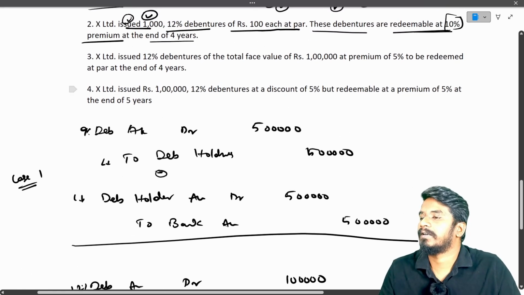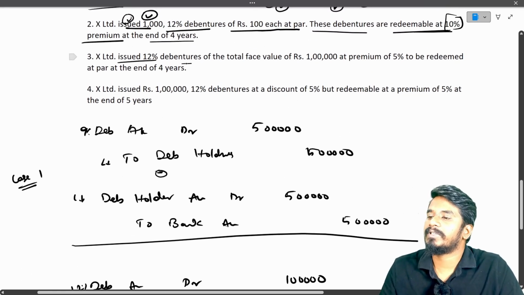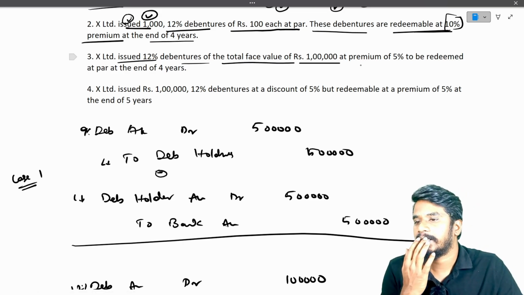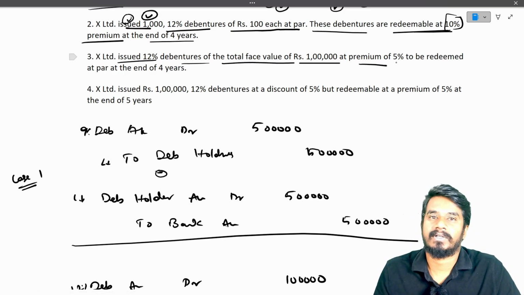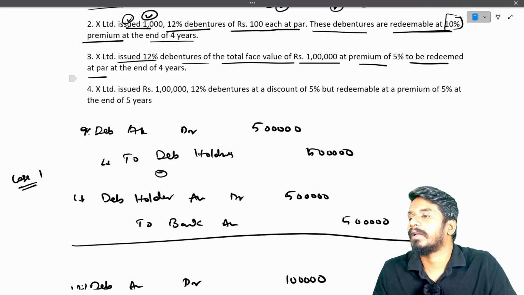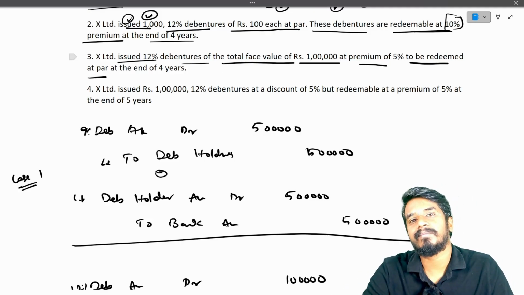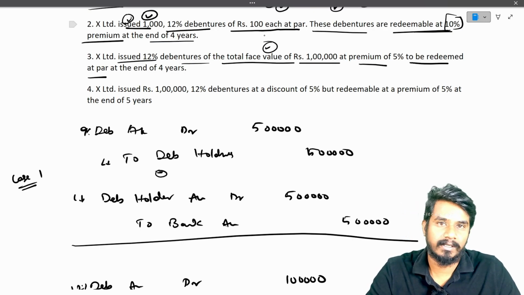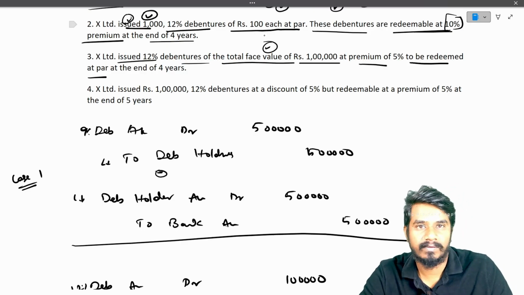Case 3 is like X company issues 12% debentures of the total face value of 1 lakh rupees at a premium of 5%, to be redeemed at par. So they have issued at premium and redeemed at par. If they are issuing at premium, we don't have anything to do with it at the time of redemption of debentures.